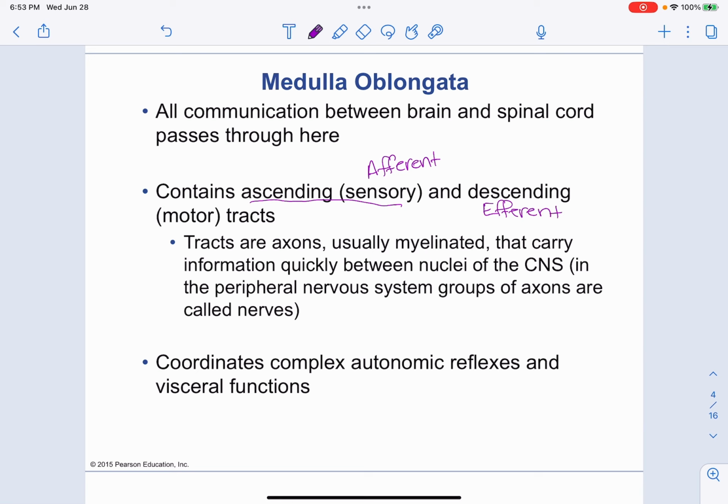These tracts are equivalent to nerves in the peripheral nervous system, but in the central nervous system, we call them tracts, and they are grouped together by similar function. We're also going to have some coordination of autonomic functions that reside here.